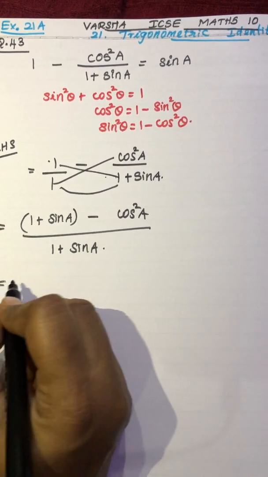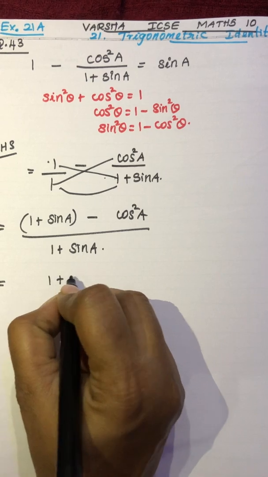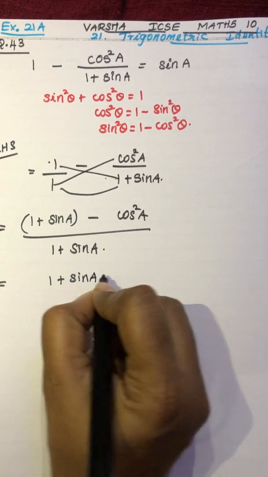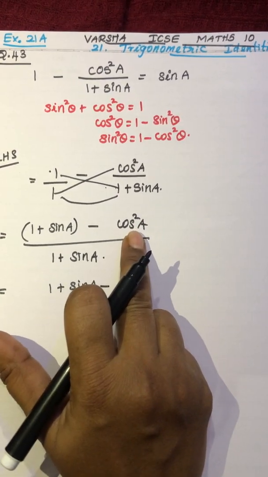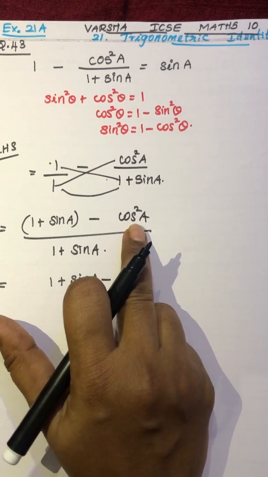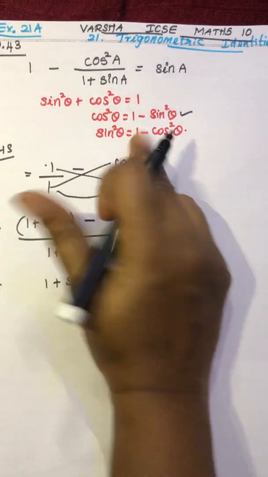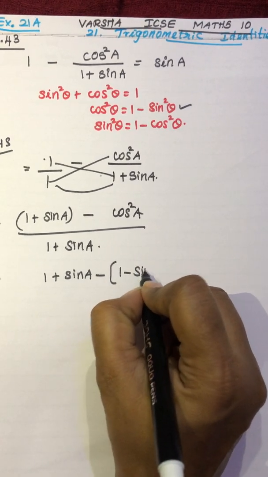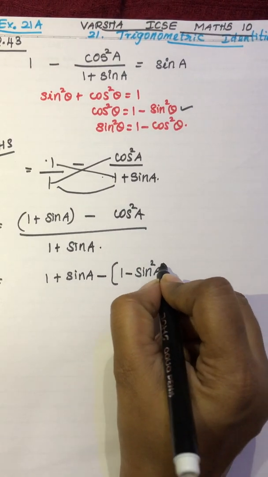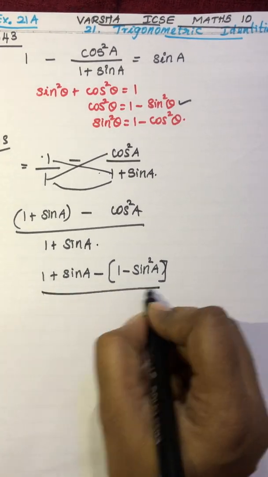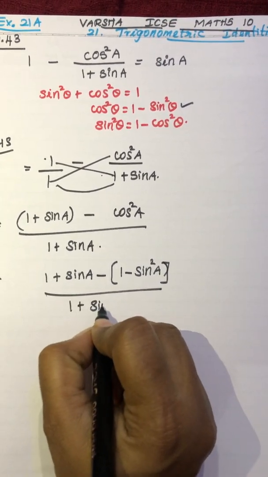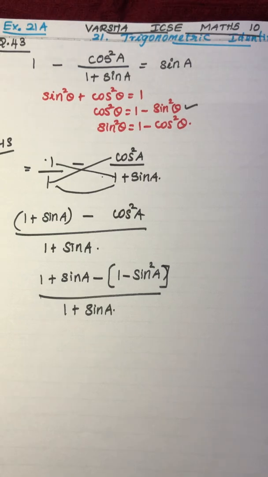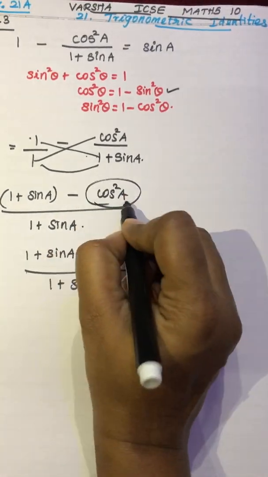What is the next step? This is 1 plus sin A minus cos square A. For this cos square A, we can write 1 minus sin square A, so you have to give a bracket: (1 minus sin square A) by 1 plus sin A. Why, ma'am, have we substituted this for cos square?